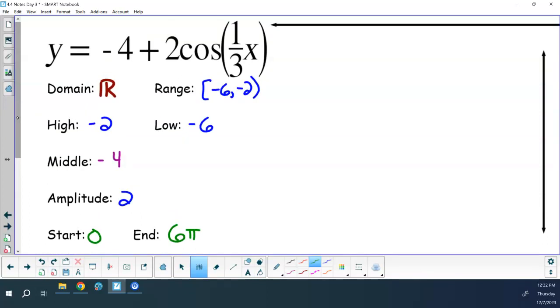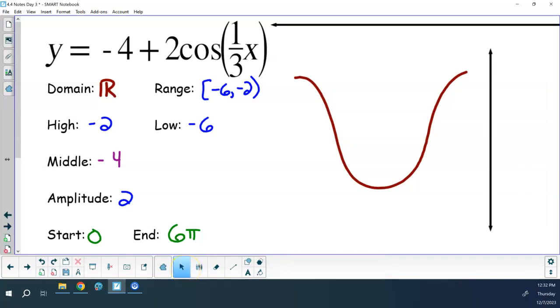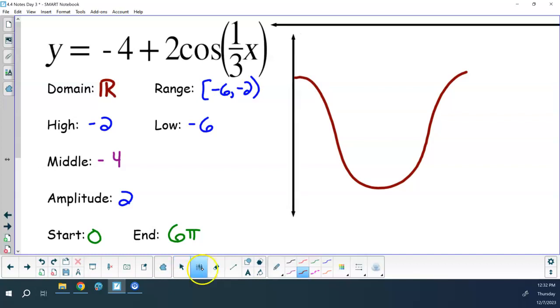Cosine curve starts where? Top. Then it goes down and comes back up. At a high value of negative 2, at a low value of negative 6, which puts my middle there.